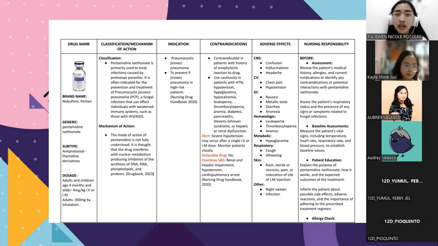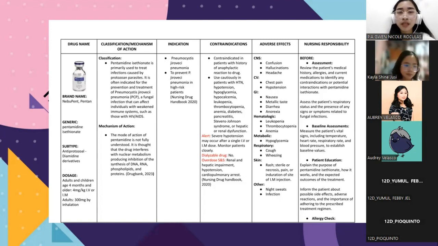So for the contraindication, so it may be harmful for the patients with history of anaphylactic reactions to drugs, and use cautiously in patients with HTN or hypertension, hypoglycemia, hypocalcemia, leukopenia, thrombocytopenia, anemia, diabetes, pancreatitis, Stevens-Johnson syndrome, hepatic or renal dysfunction.